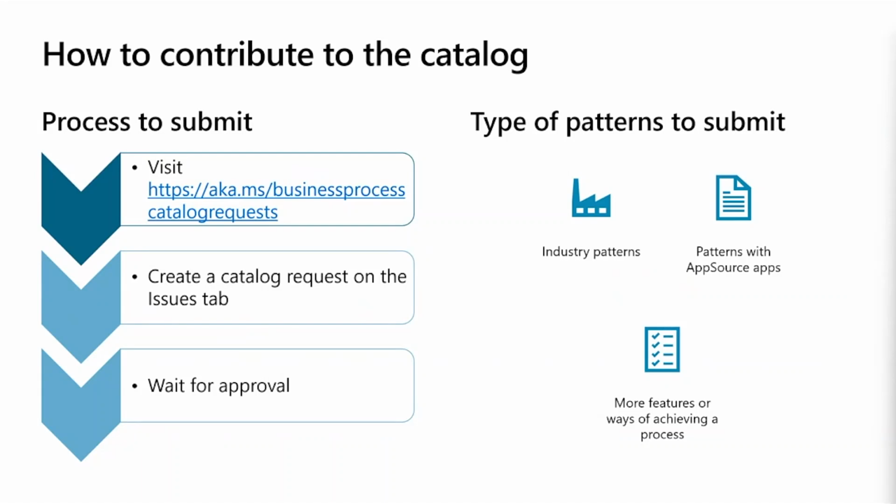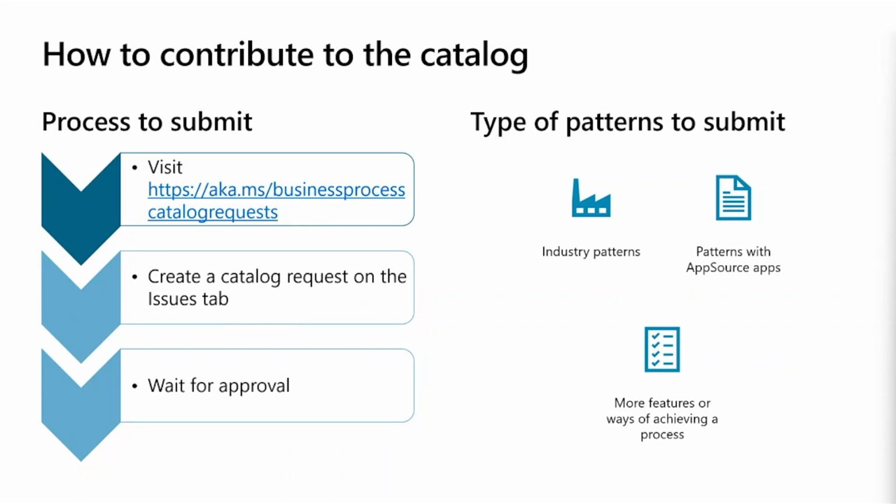And once you've created that GitHub issue, it will go through an approval process here on the back end at Microsoft with some fancy Power Automate flows that we have that run. And then you'll receive notification, or the owner of the area might reach out to you if they have additional questions. And we'll let you know if it's been approved and when that new item would be published.